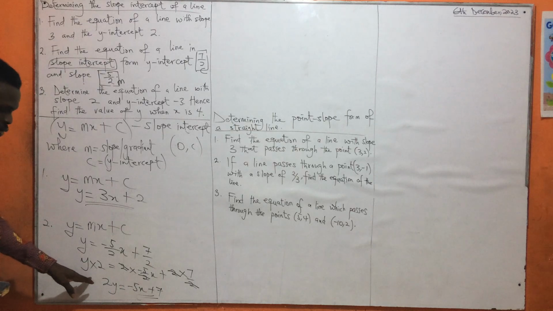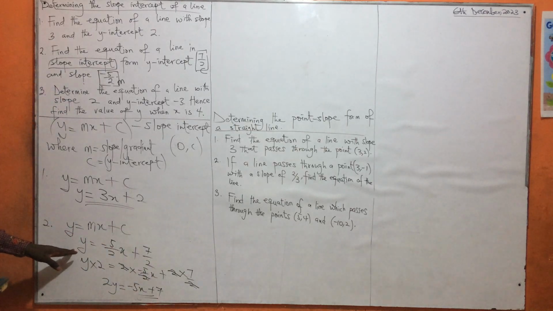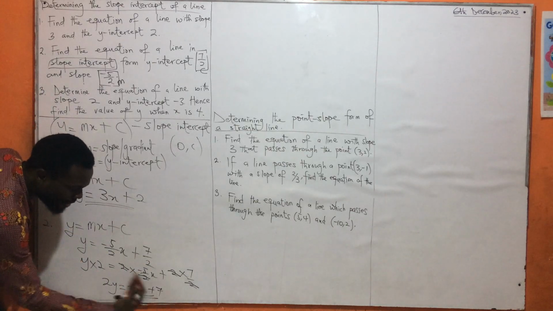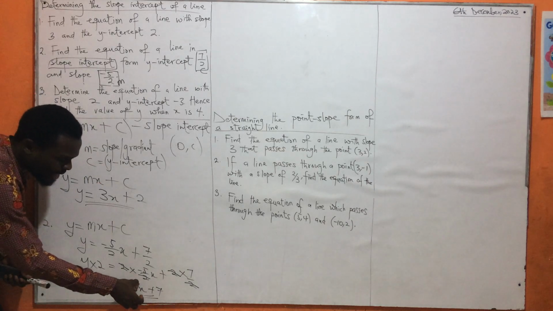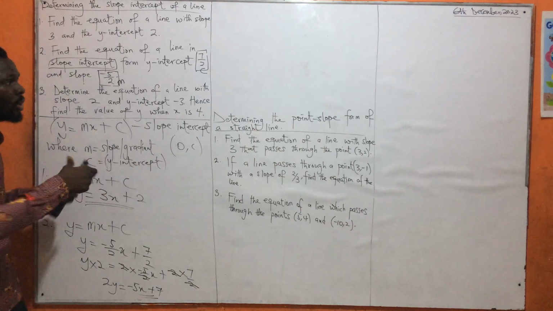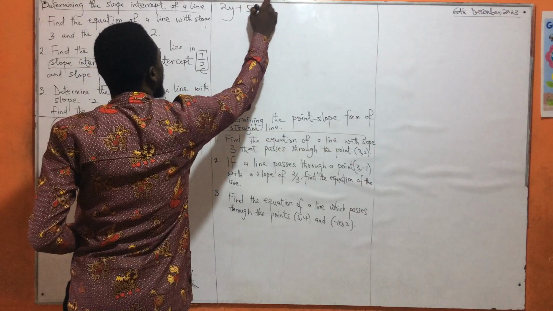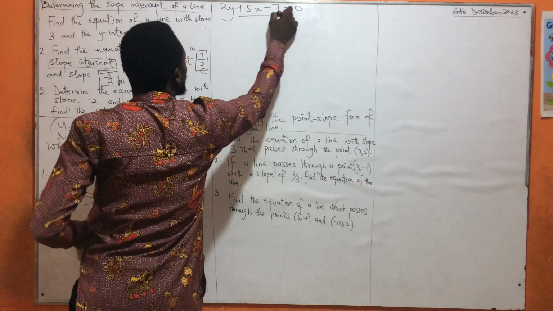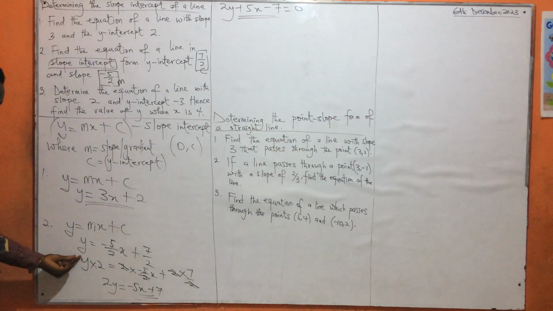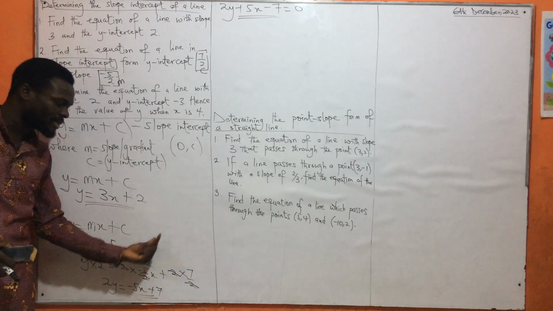If I want, I will just multiply both sides of the equation by the denominator. Even with this one, I can still rewrite it in a form where I bring the negative 5x and the 7 over and equate it to 0, which gives me 2y plus 5x minus 7 is equal to 0. That is also the equation. Or I can just let it be y is equal to negative 5 over 2x plus 7 over 2.